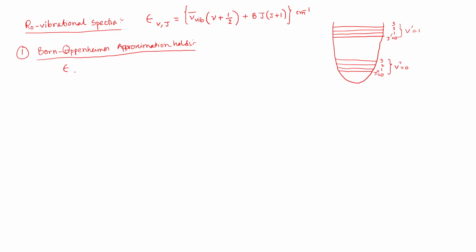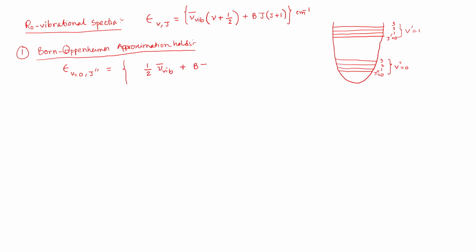So I am going to write it here. Epsilon for V equals 0, suppose, and J prime. What would it look like? 0 plus half, V is equal to 0, so this part is easy, we can do it quickly.